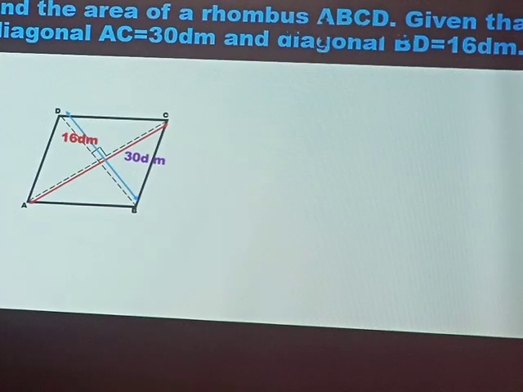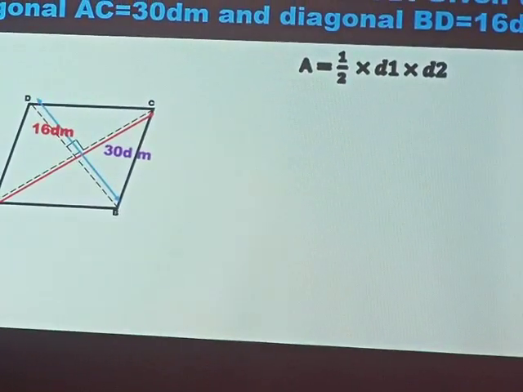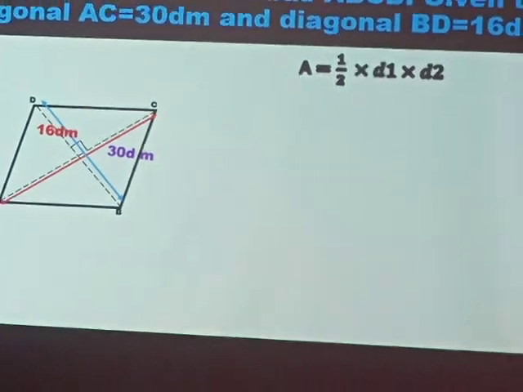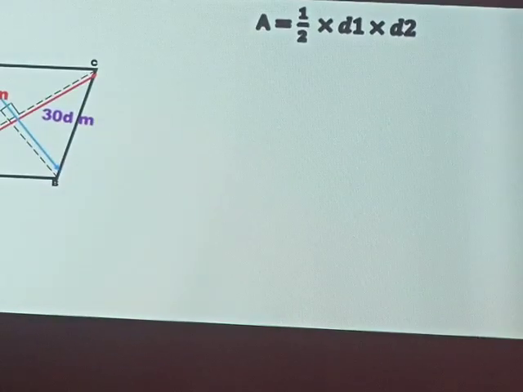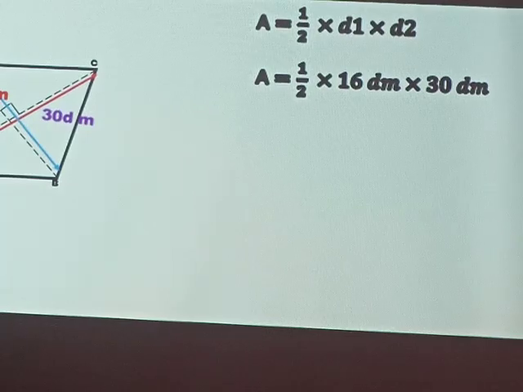The formula, which is a half times diagonal 1 times diagonal 2. From that we now substitute. Our diagonal 1 is 16 decimeters. Our diagonal 2 is 30 decimeters.